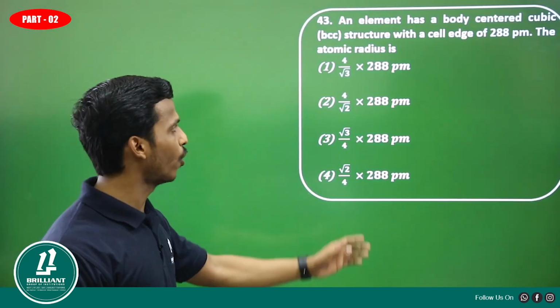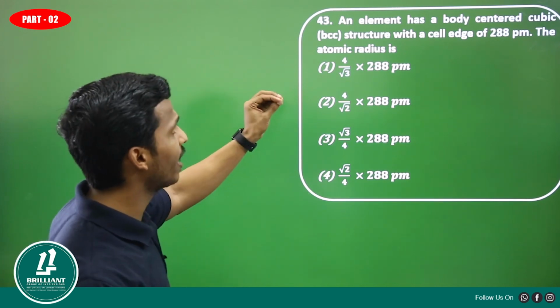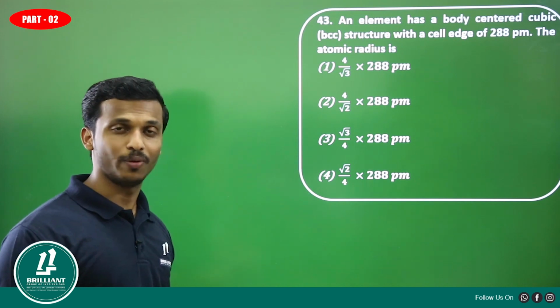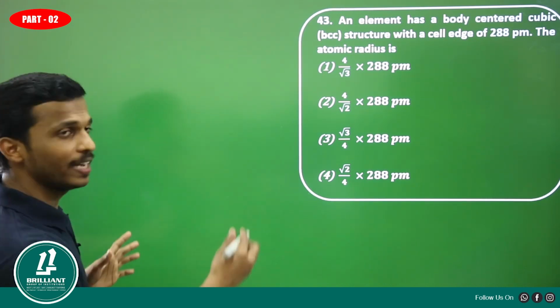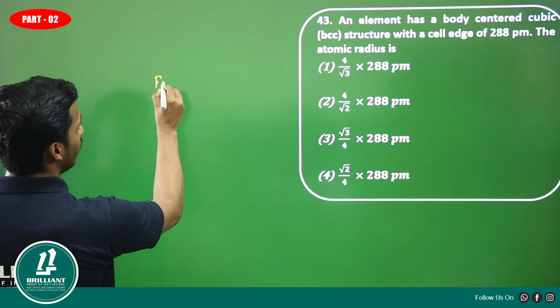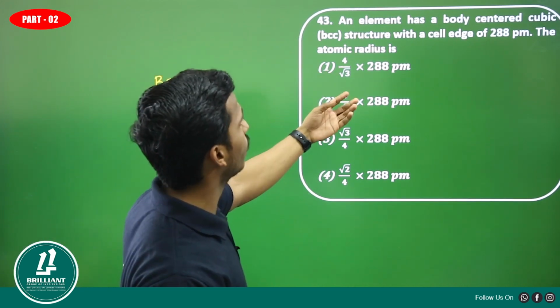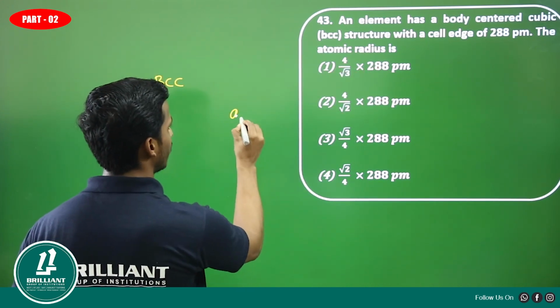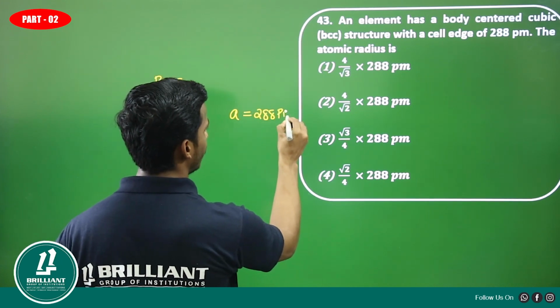Now question number 43. So simple question, no need of any calculation, direct substitution. An element has body-centered cubic BCC structure. Which chapter? Grade 12 solid state, right? In BCC geometry, what do we need to calculate here? Edge length is already given: a is equal to 288 picometer.